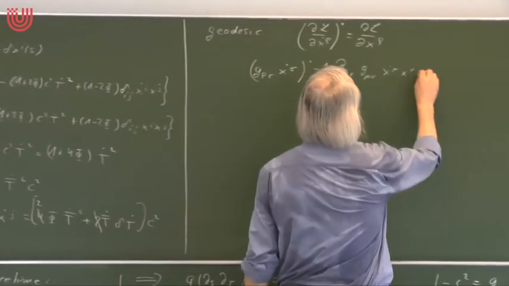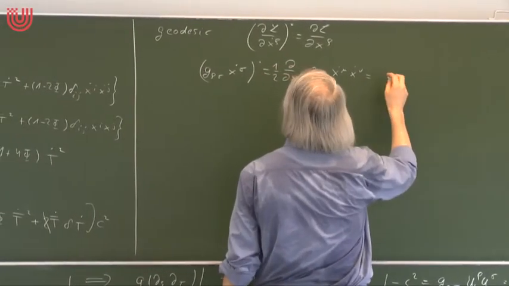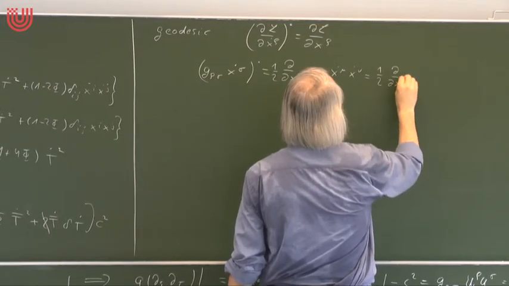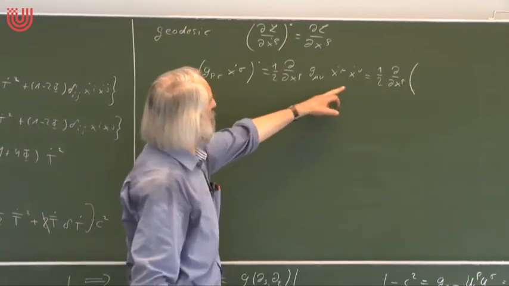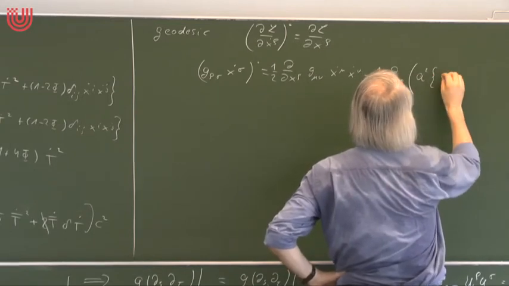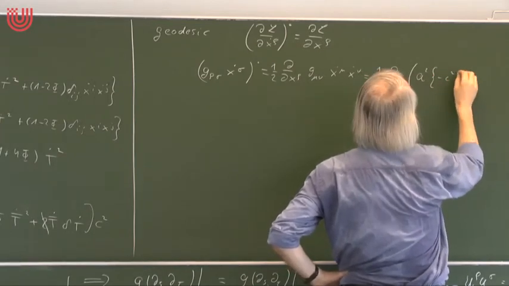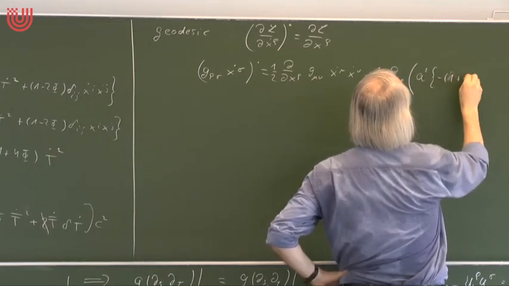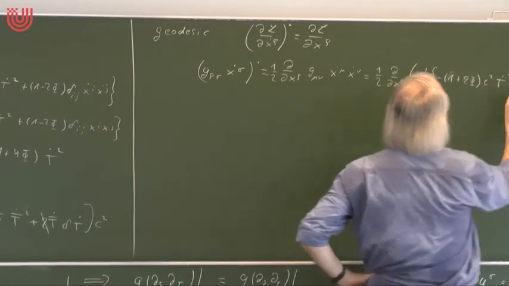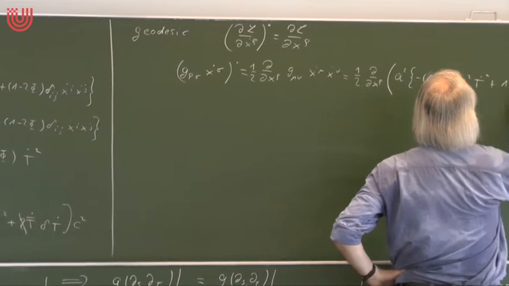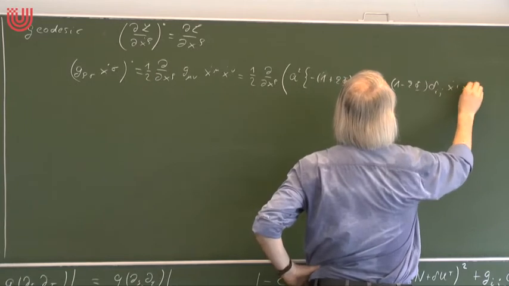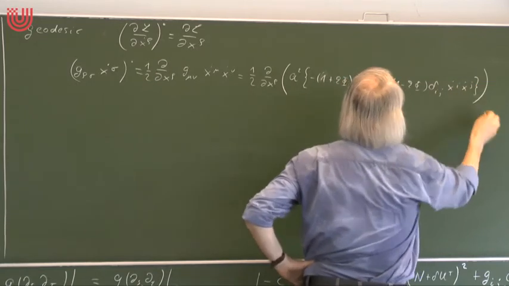Now I can calculate this. Let me do it slowly. d by dx rho of a squared times the curly bracket, minus 1 plus 2 phi c squared t dot squared plus 1 minus 2 phi delta ij xi dot xj dot.